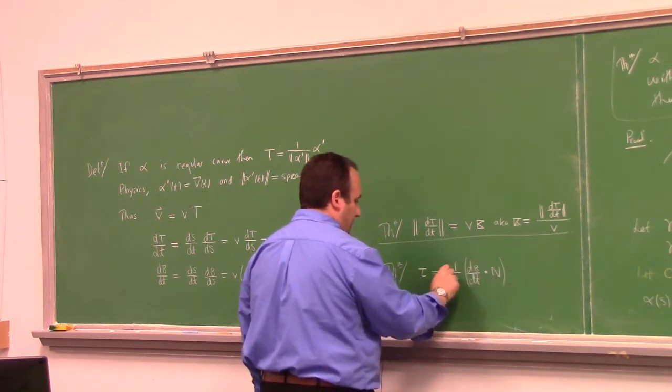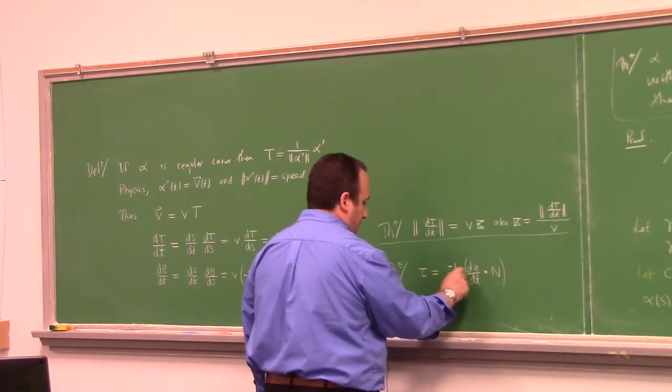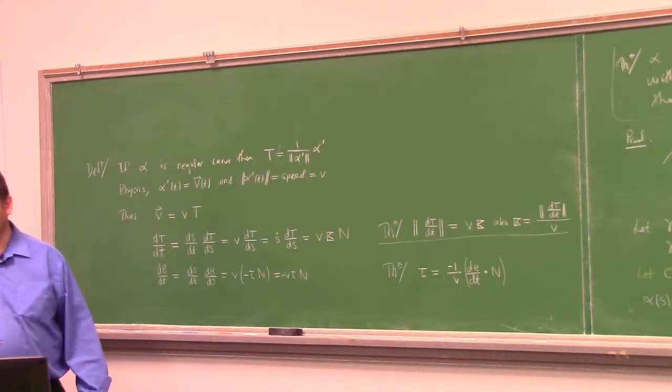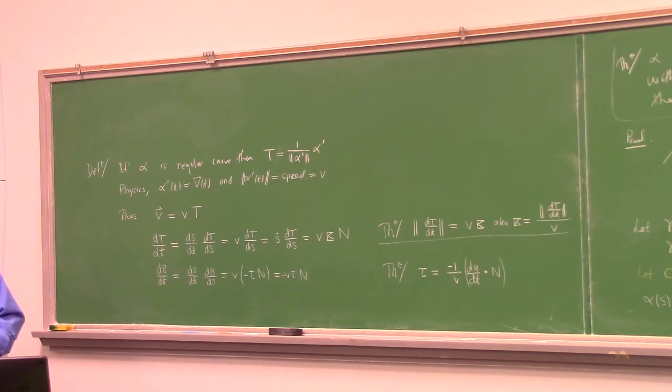So in short, if you want to calculate torsion or curvature with respect to a non-unit speed parameterized curve, we have to divide by the speed. Those 1 over v factors were not present in our original way of thinking because, well, they're 1 for a unit speed curve.